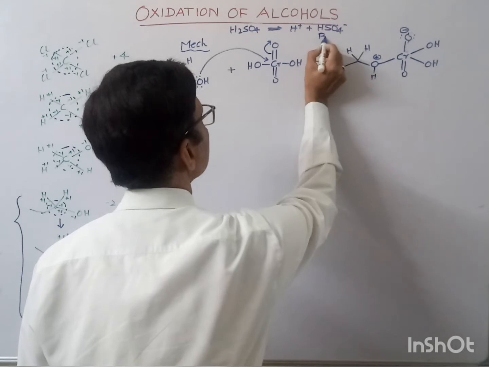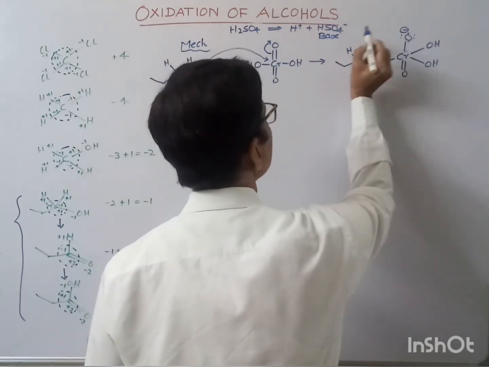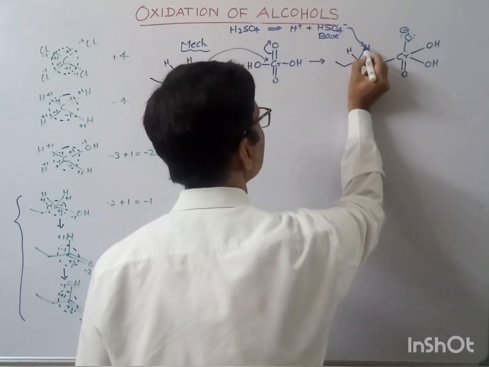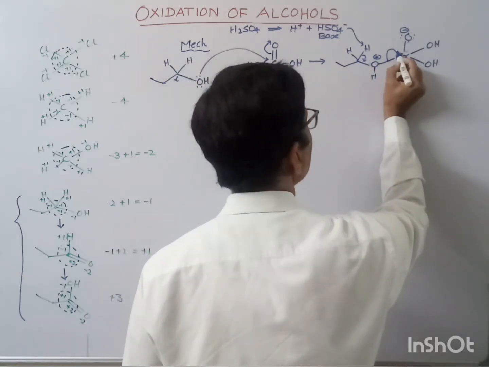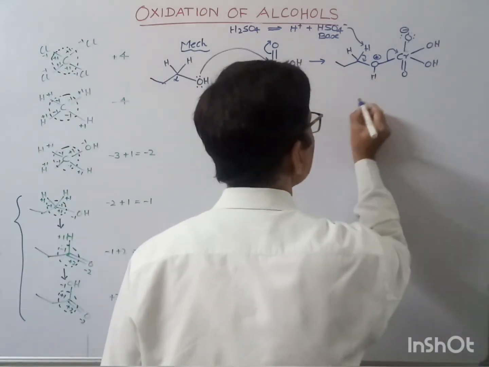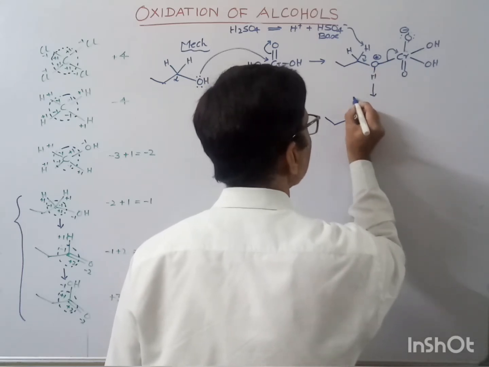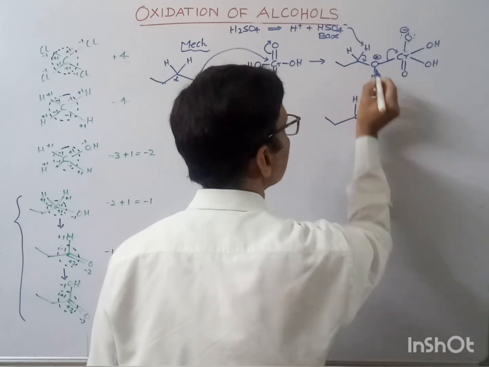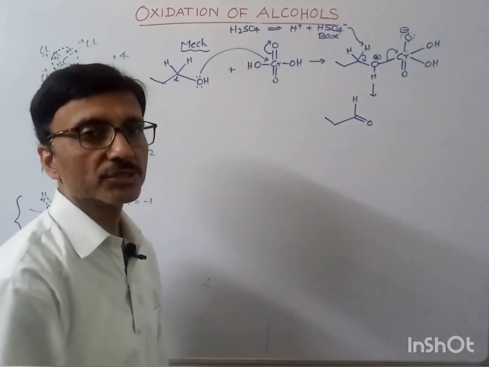So HSO4 minus acts as a base over here, and it will take this proton, and here this will form a double bond. Now this bond will get broken down. So finally you will get one of the hydrogens, and a double bond between this carbon and oxygen is created over here. So like this, this is being converted into the aldehyde.